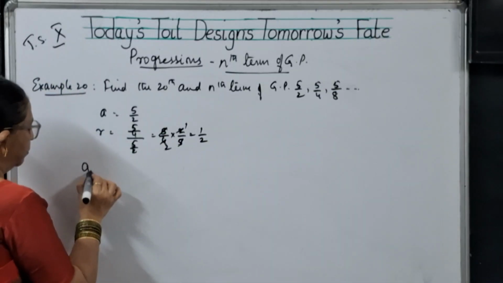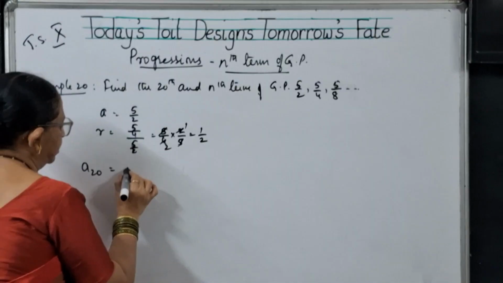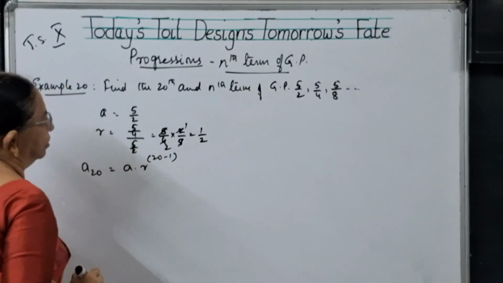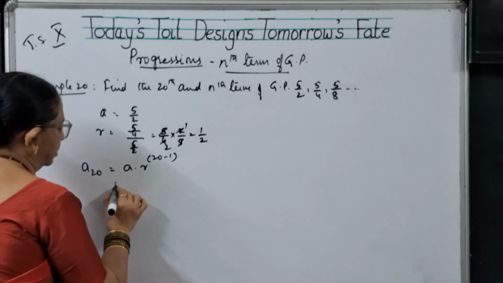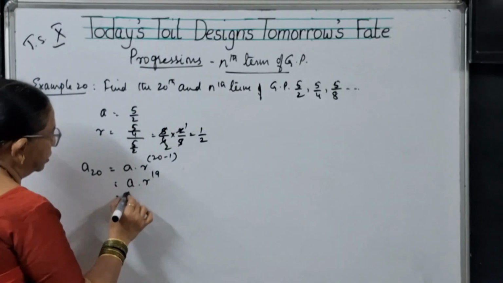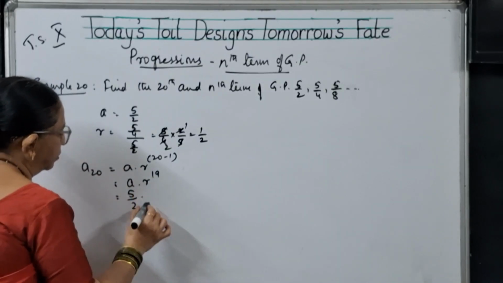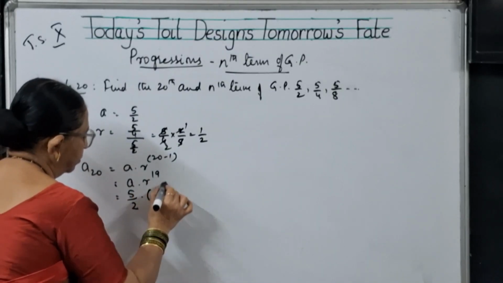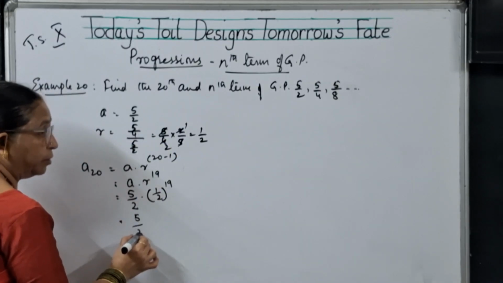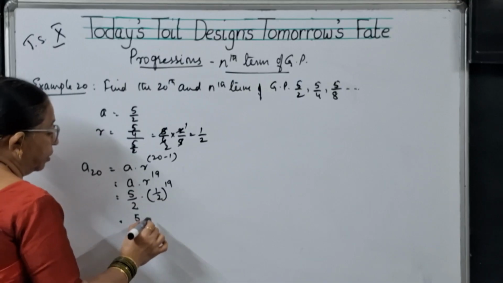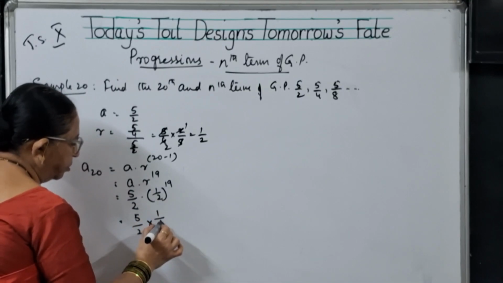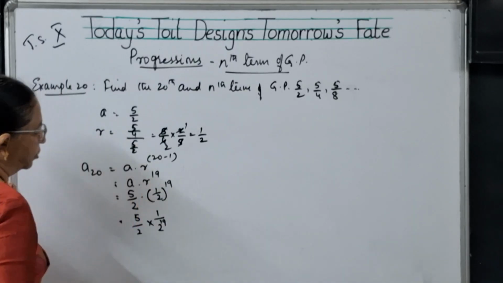So we want A20. A20 means A into R to the power of 20 minus 1. Already I have explained this, children. That is A into R to the power of 19. A is 5 by 2, into R is 1 by 2, whole to the power of 19. This means 5 by 2 into 1 by 2 to the power of 19, because the power goes for both.